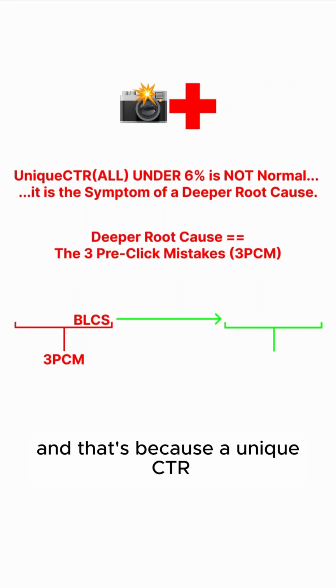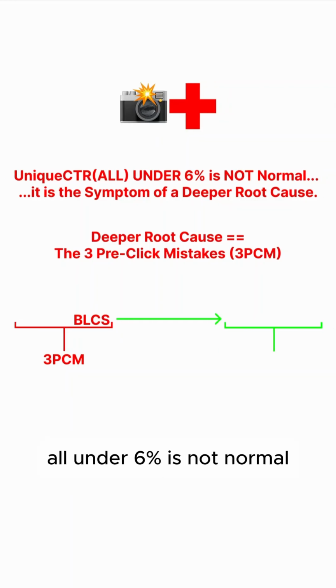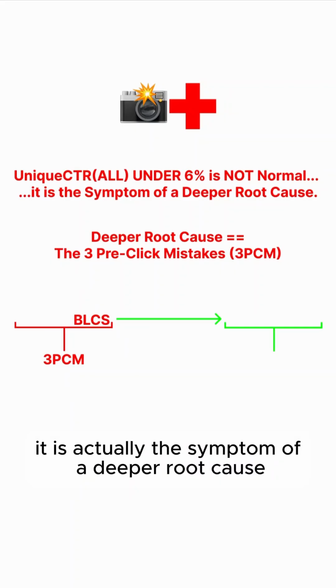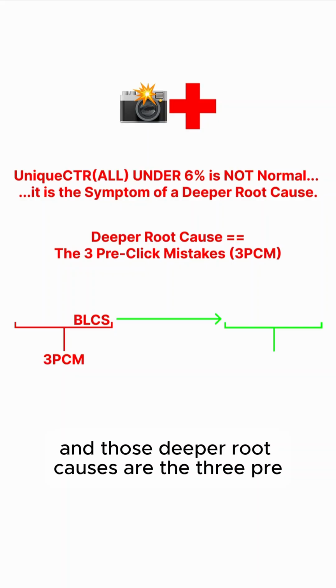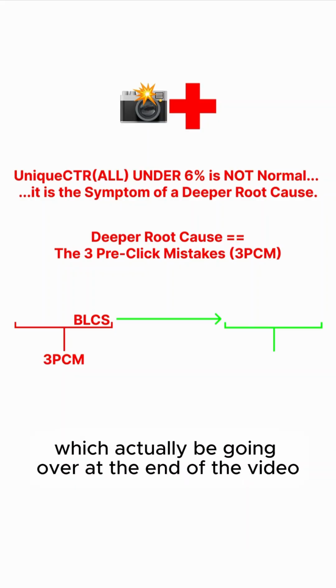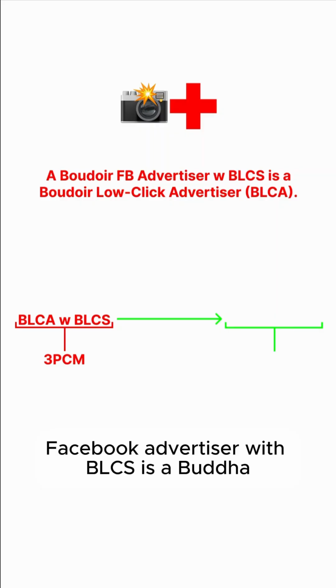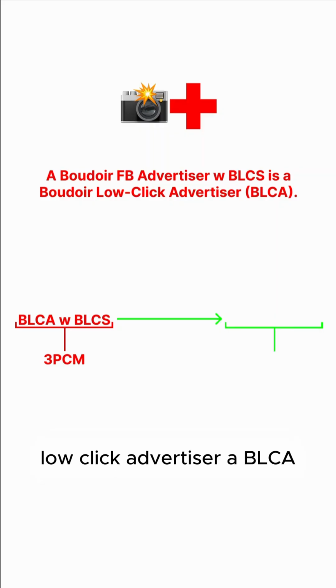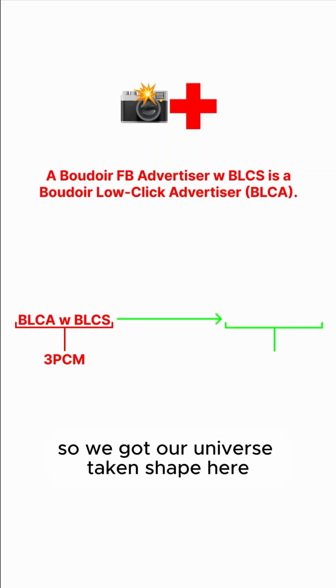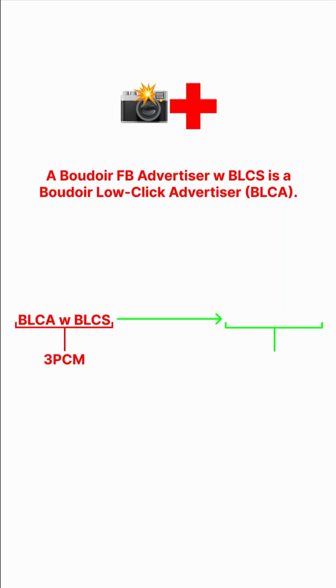That's because a unique CTR all under 6% is not normal. It is actually the symptom of a deeper root cause, and those deeper root causes are the 3 pre-click mistakes, which I'll be going over at the end of the video. We also know that a Boudoir Facebook advertiser with BLCS is a Boudoir low-click advertiser, a BLCA. So we got our universe taking shape here.